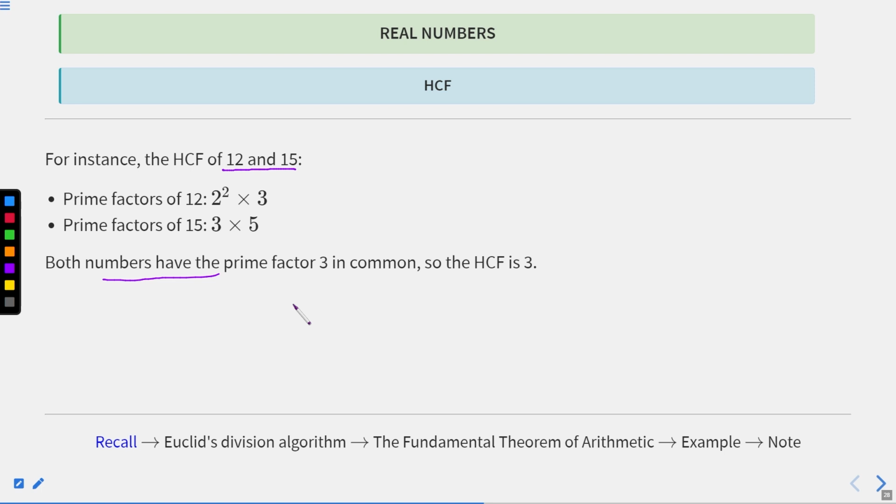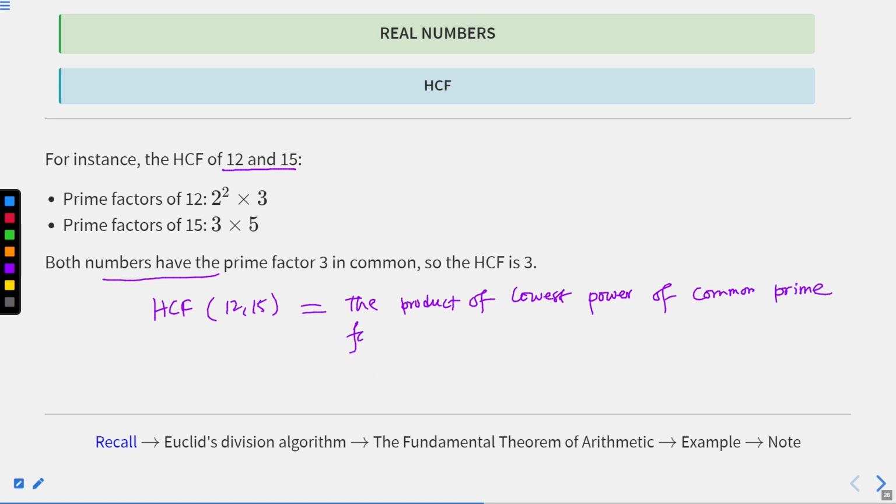So the HCF of 12, 15 is equal to the product of the lowest power of the common prime factors in the numbers.